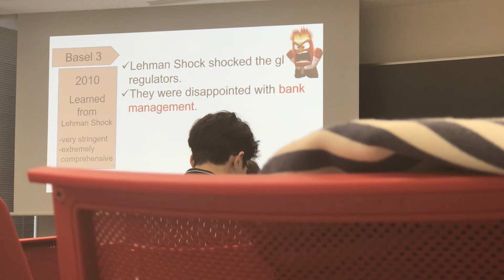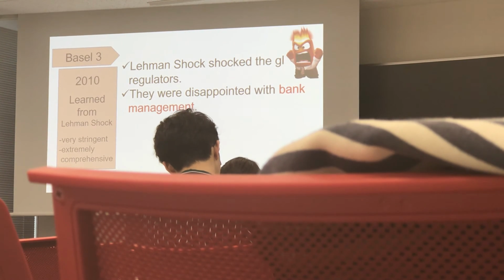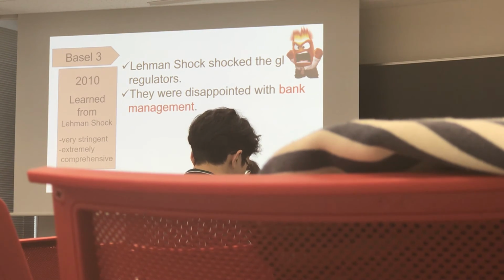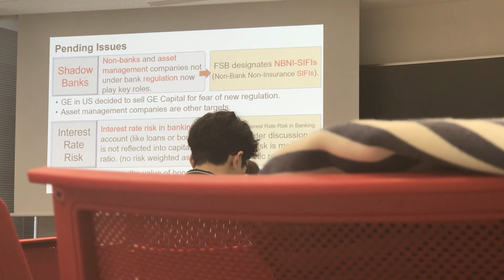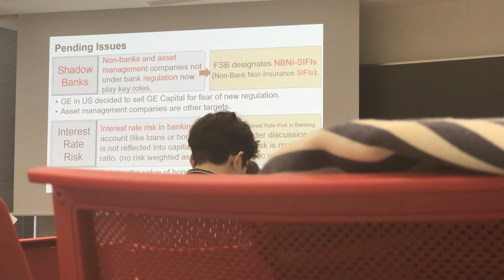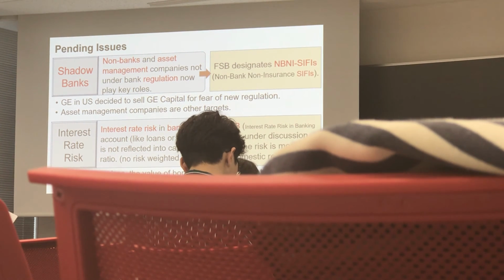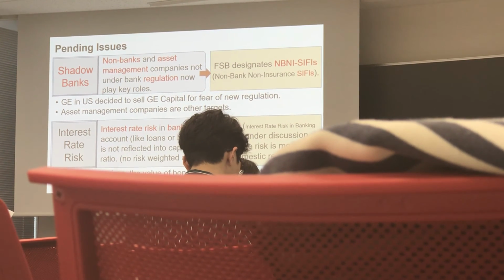And after the Lehman shock, the global regulator was so disappointed with the bank management. So that's why in 2010, they decided to increase the toughness of the regulation. But even after this great reinforcement of the regulation, some issues are still pending.